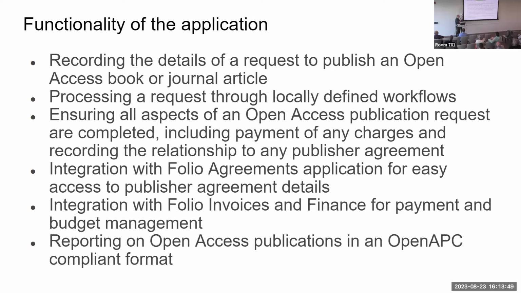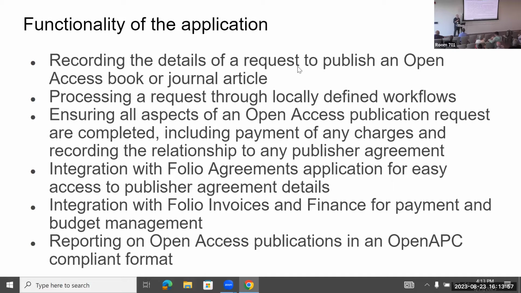So what does the open access app do? It's for recording the details of a request to publish an open access book or journal article. Typically somebody might say, well, I want to publish this open access. Do you have the funds to pay for it? And so you record that this person has made a request and what they want to publish.